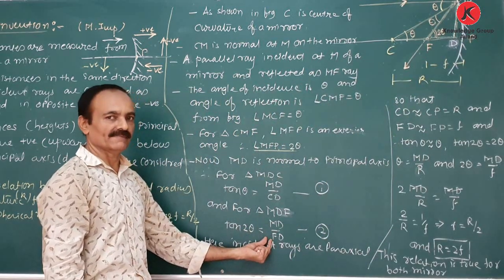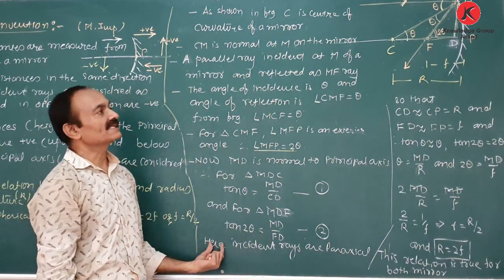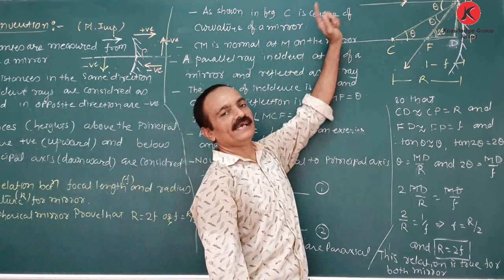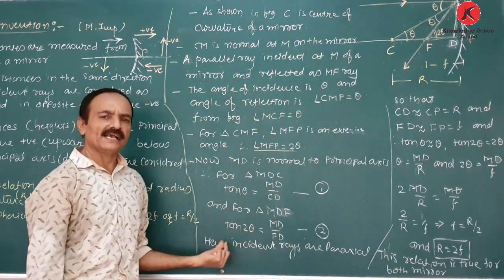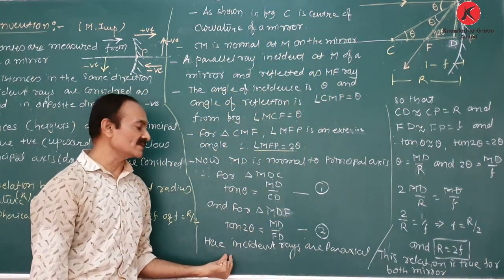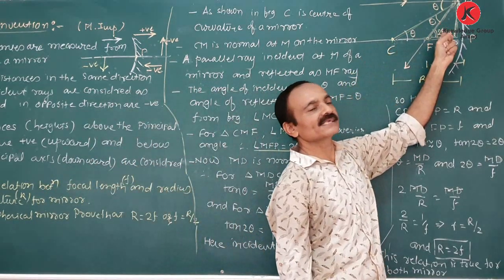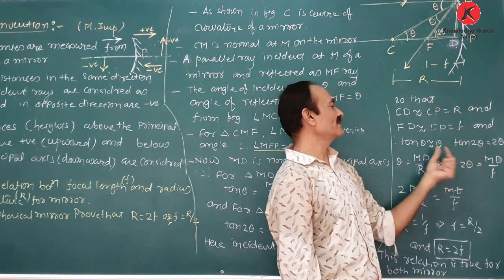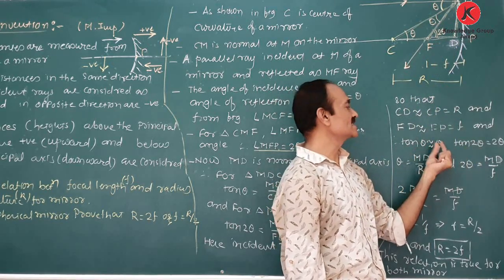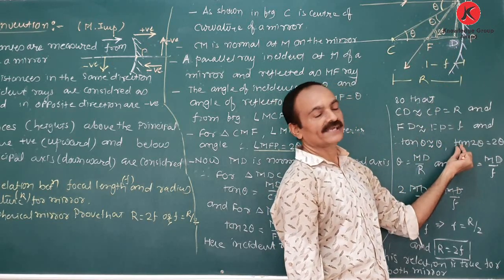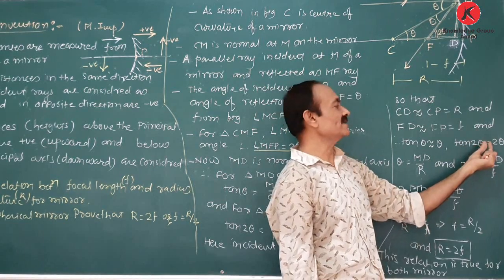Here we consider that this parallel ray is an axial ray, very close to the principal axis. Therefore, theta and 2 theta are very small. Therefore, tan theta is approximately theta and tan 2 theta is approximately 2 theta.